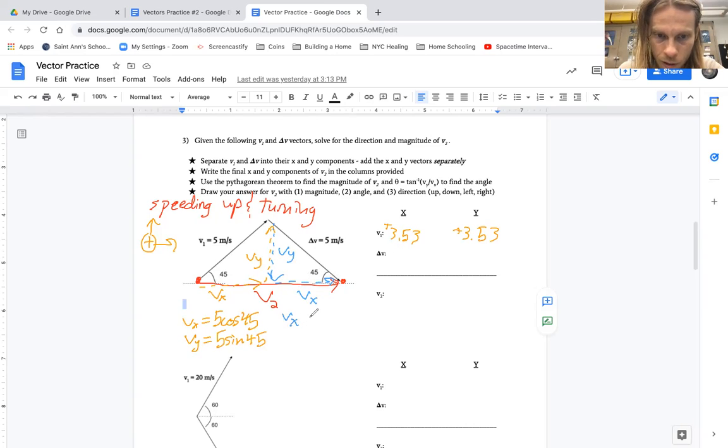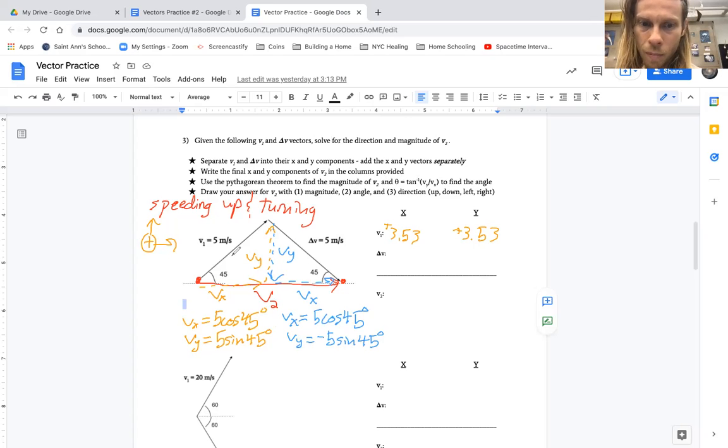So for delta V, Vx is 5 cosine 45, and Vy is 5 sine 45, but since it's down, it's negative. Remember, the positive and negative comes from whether it's up, down, left, or right. That's a direction. Negative and positive for vectors are direction, right?